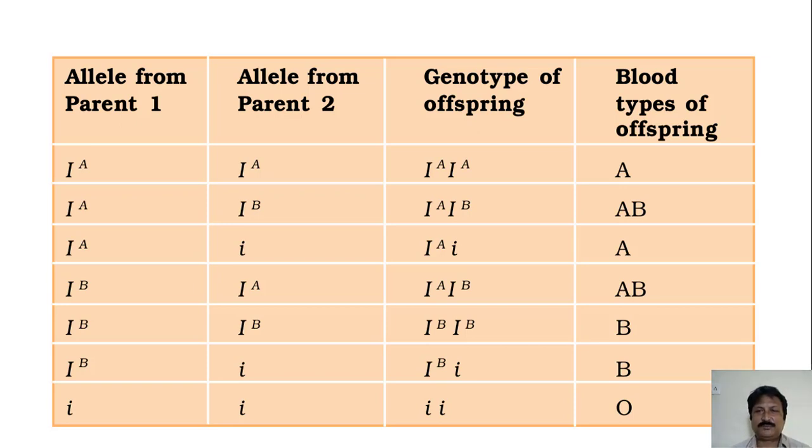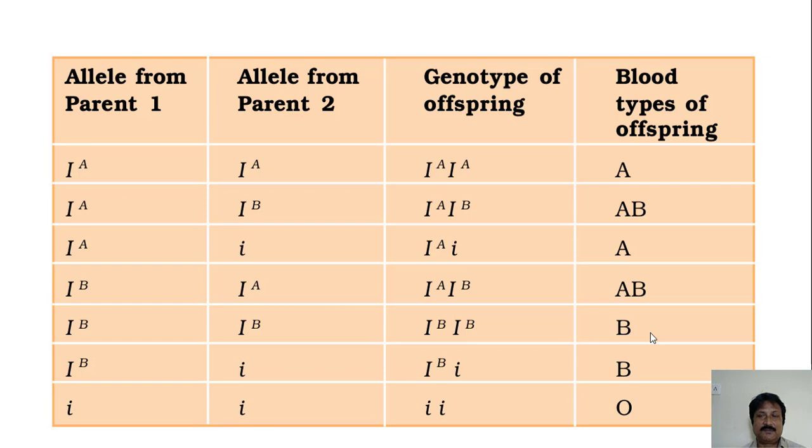Now if I ask you a question based on this understanding, let me frame a question for you. Suppose there is a situation in the family like this. Father is A blood group, mother is B blood group, and the son is O blood group, and the daughter is AB blood group.